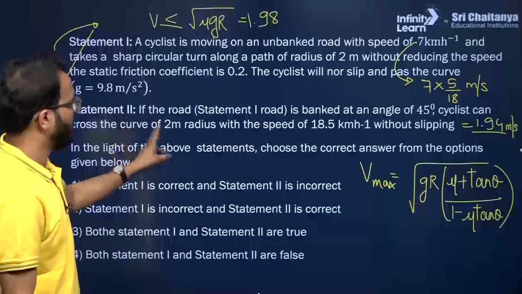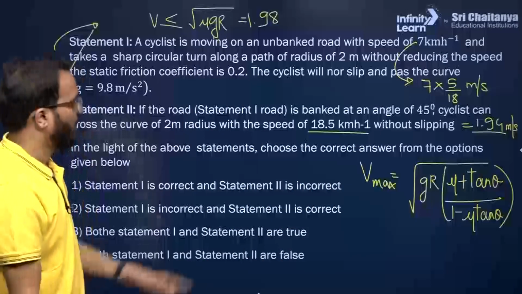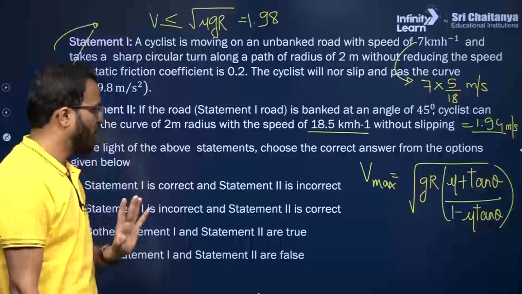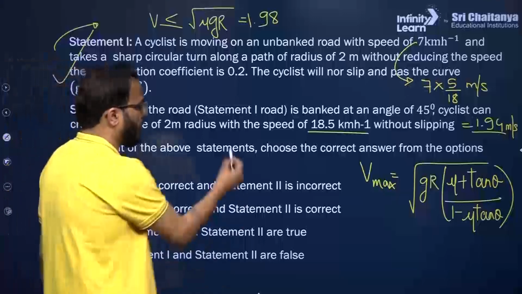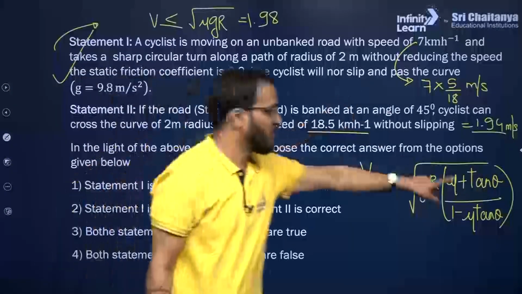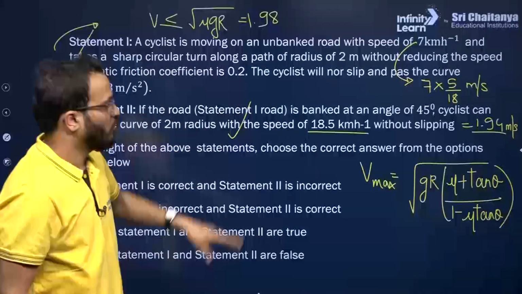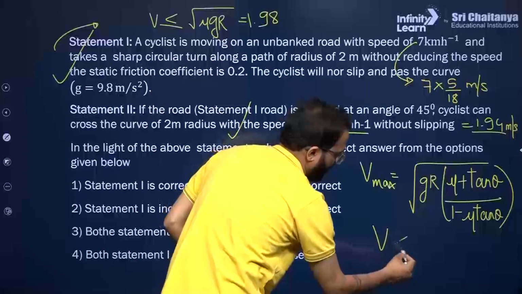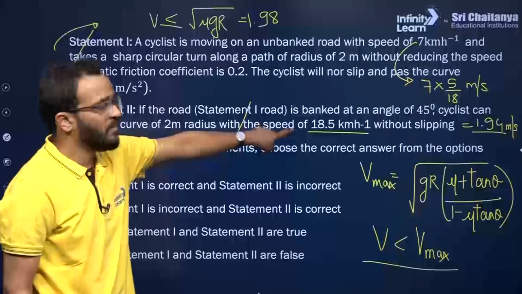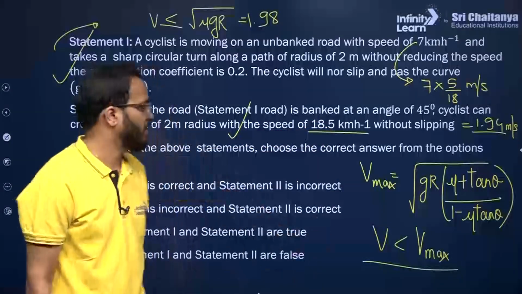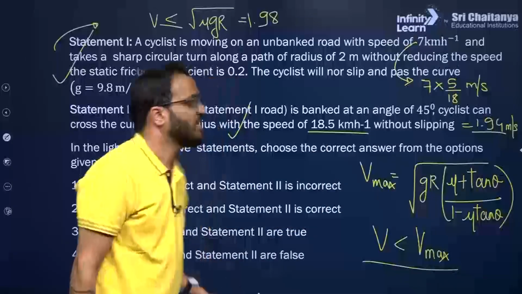They have given us speed is 18.5 km per hour, again convert it into meter per second and get this value and check, you will find out this also comes out to be true. This V is less than V max, so the 18.5 km per hour comes out to be less than V max without slipping. So this is also going to pass without slipping.